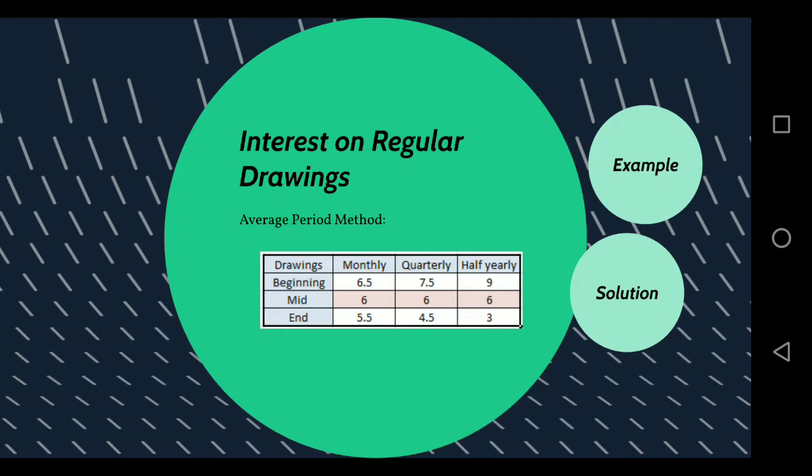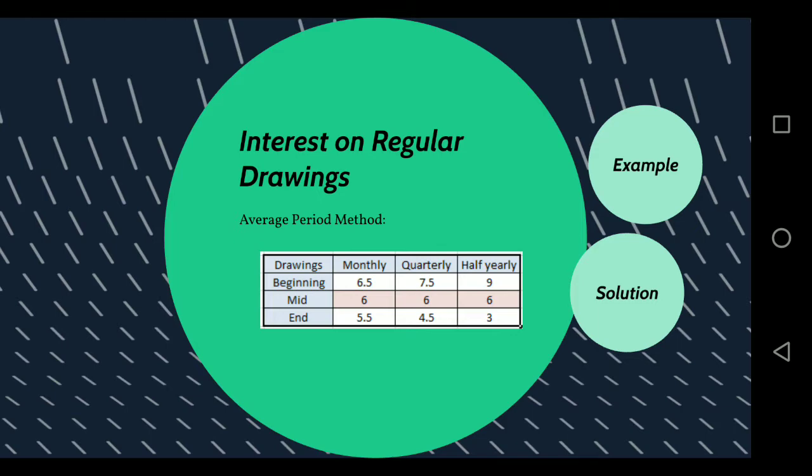Along with that, I told you that the period will be given along with the date, that is the beginning of the period, mid of the period or end of the period. Then we can take the average period with the help of this table. Now this table is applicable when the period in consideration is 12 months, means the year is full 12 months.